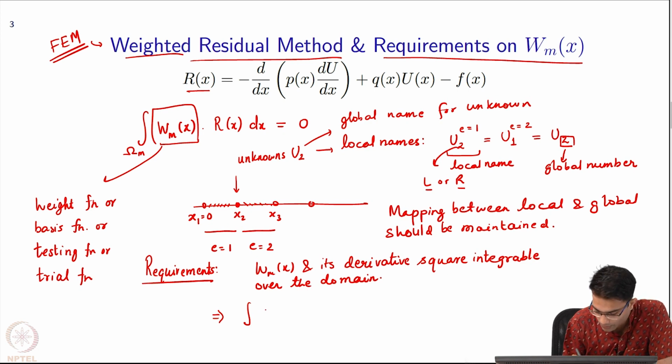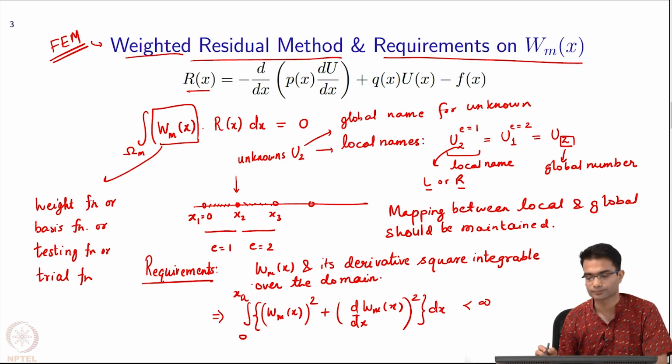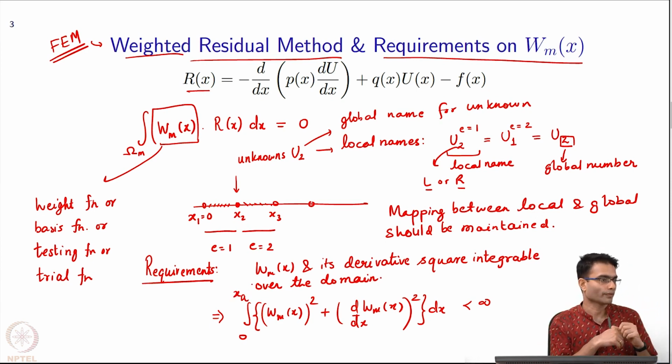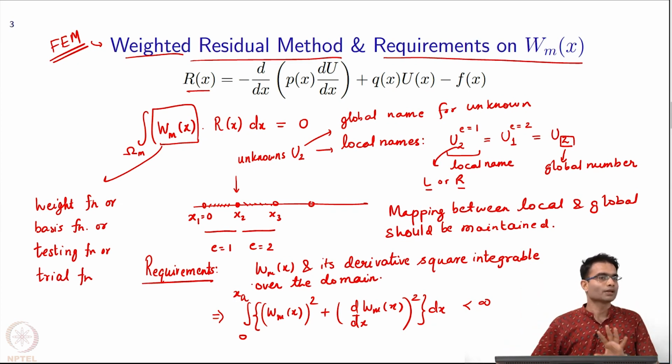For example, if I take WM(x), square it, and take the derivative, this should be bounded. We are not going into the derivation of why this is required, but you can take it as a statement of fact. Is it not over omega m? That is assumed, because WM will be 0 outside omega m anyway, so I may as well write it for the entire domain. So over this entire domain, W and its derivative should be square integrable.